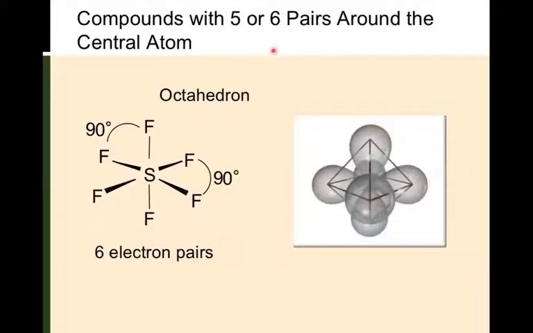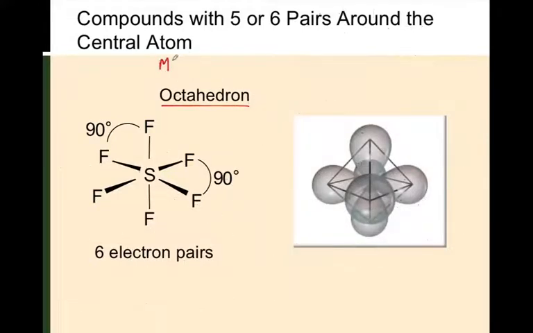So compounds with 5 or 6 pairs around the central atom, so this is an octahedron. This is SF6. You can see here it has 6 S-F bonds. There are no lone pairs in this instance. So the molecular geometry is octahedral and the electron domain geometry is octahedral.